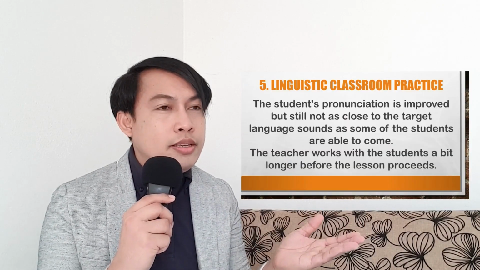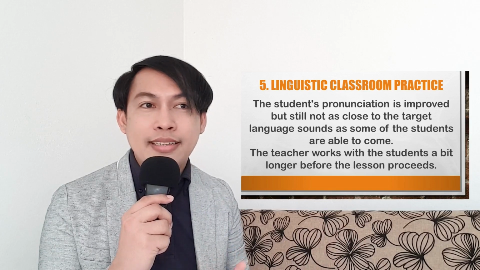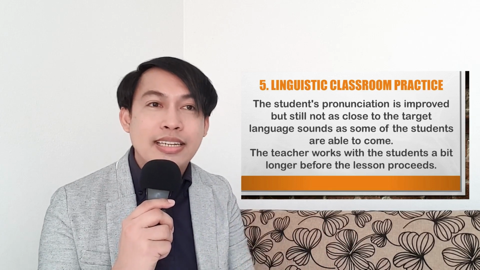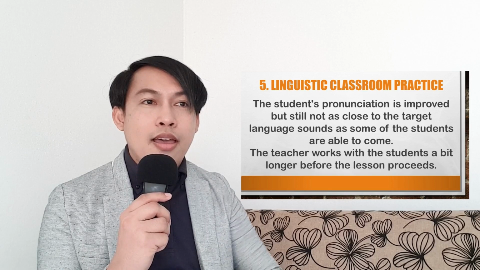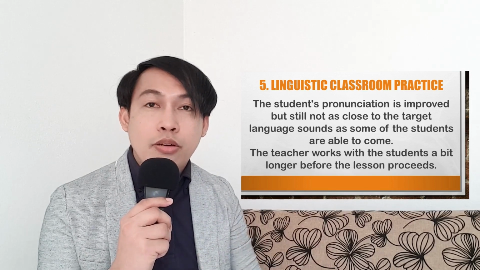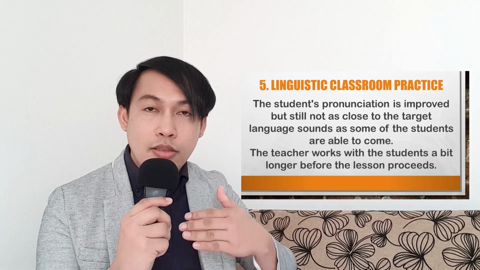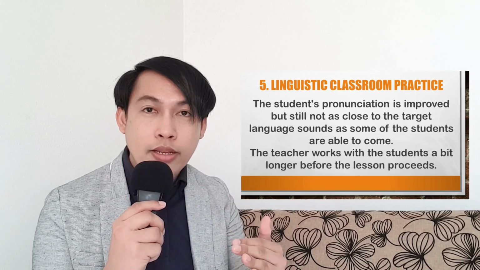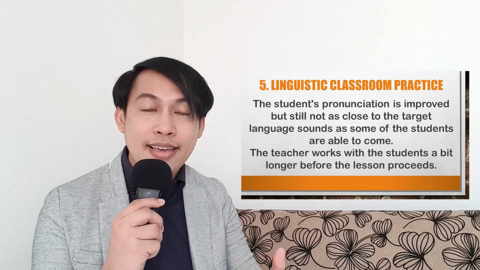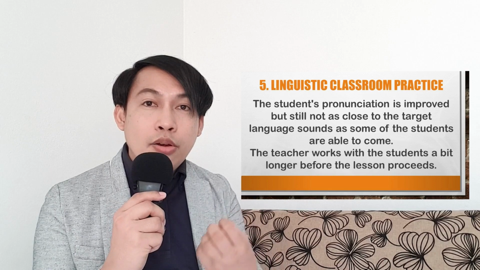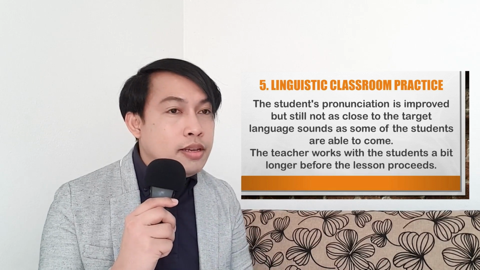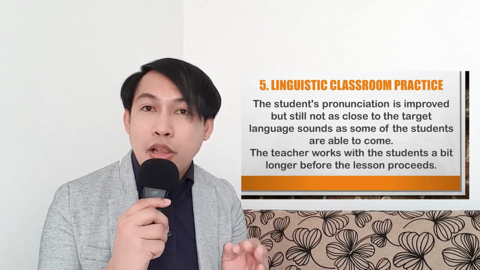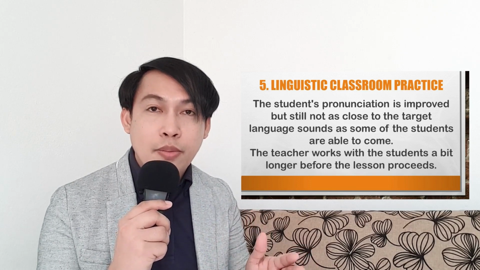The student's pronunciation is improved, but still not as close to the target language sounds as some of the students are able to come. It means that the other students are slow in terms of their pacing to learn the correct pronunciation. The teacher works with the students a bit longer before the lesson proceeds.